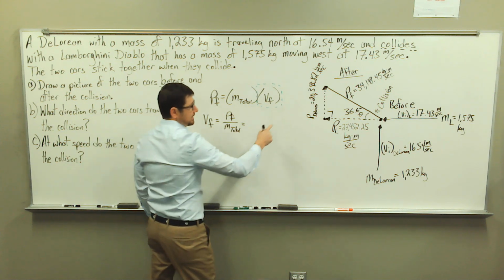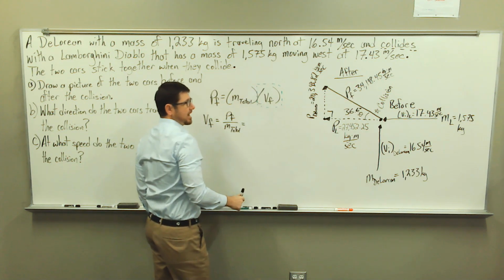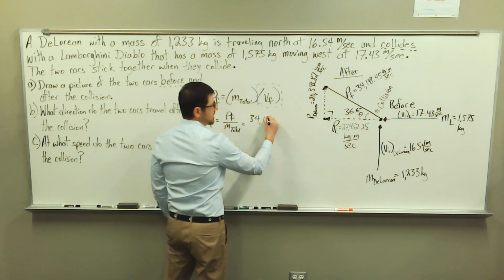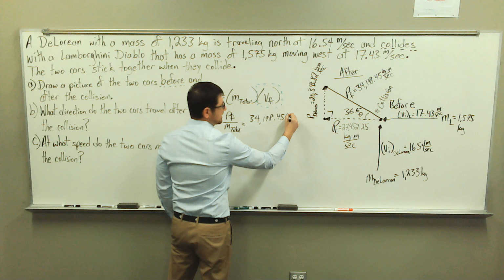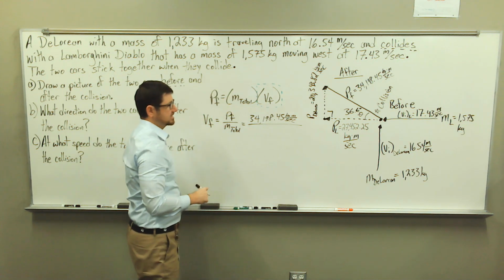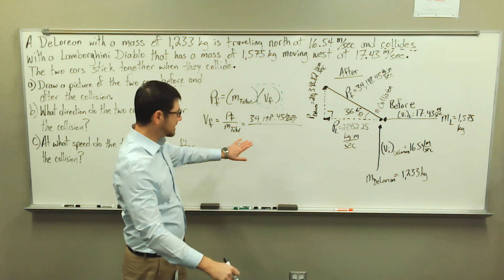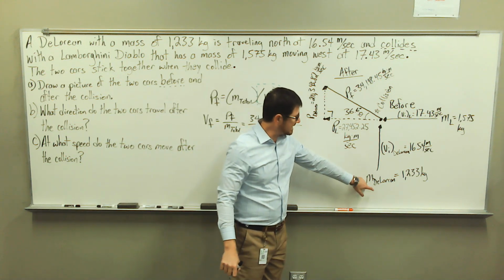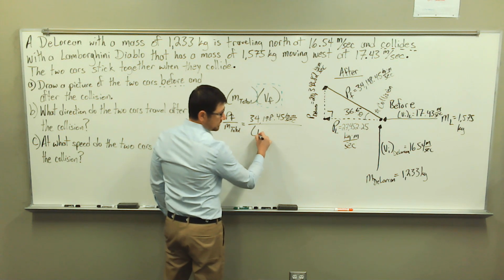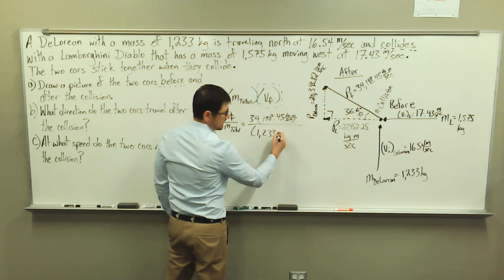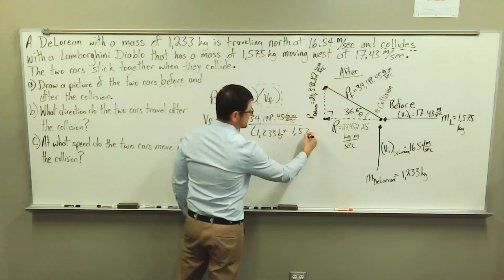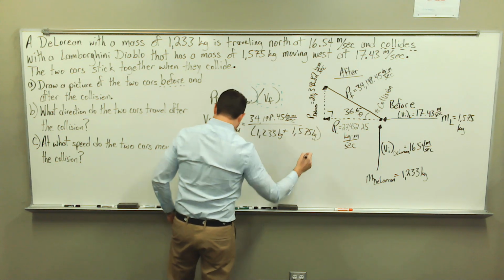So in my numerator, we're going to use our calculated value for the final momentum of the system, 34,198.45. We have units of kilogram meters per second. We're going to divide this by the sum of the mass of the DeLorean and mass of the Lamborghini. So this is going to be 1,233 kilograms plus 1,575 kilograms.